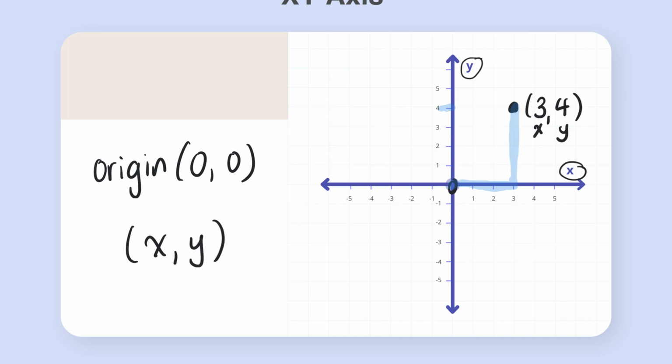So what if I wanted you to plot the point -2, 1? Again, we start at the origin and we figure out which way we need to move, left or right. We're going to -2 for x, and 1 for y. So for the x coordinate, are we moving to the left or the right?